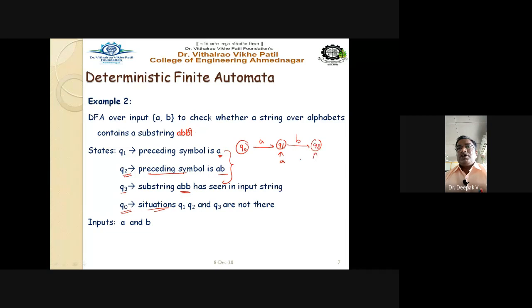So how much string have you read here? I have read up to AB, two letters of the string. And finally, Q3 is nothing but your ABB. So at the end of Q3, I must be able to read the ABB string.